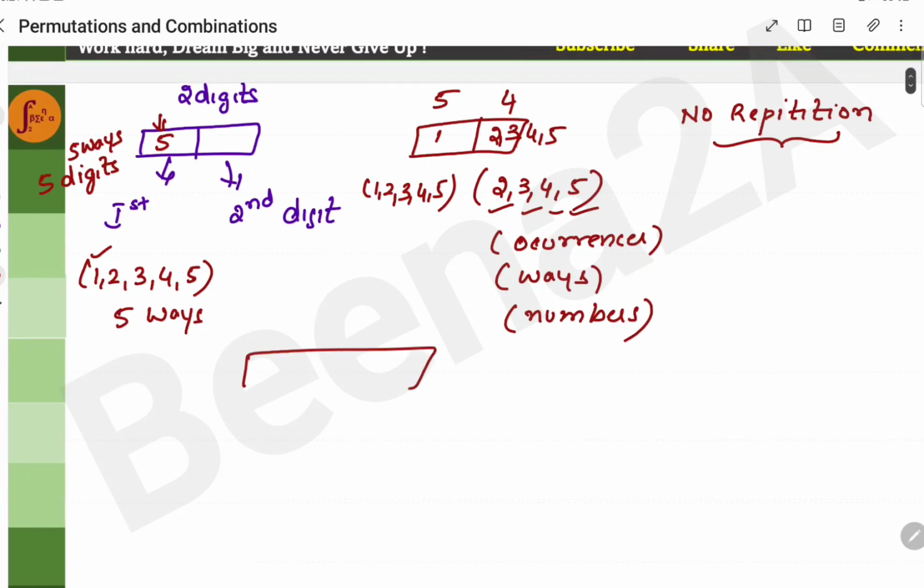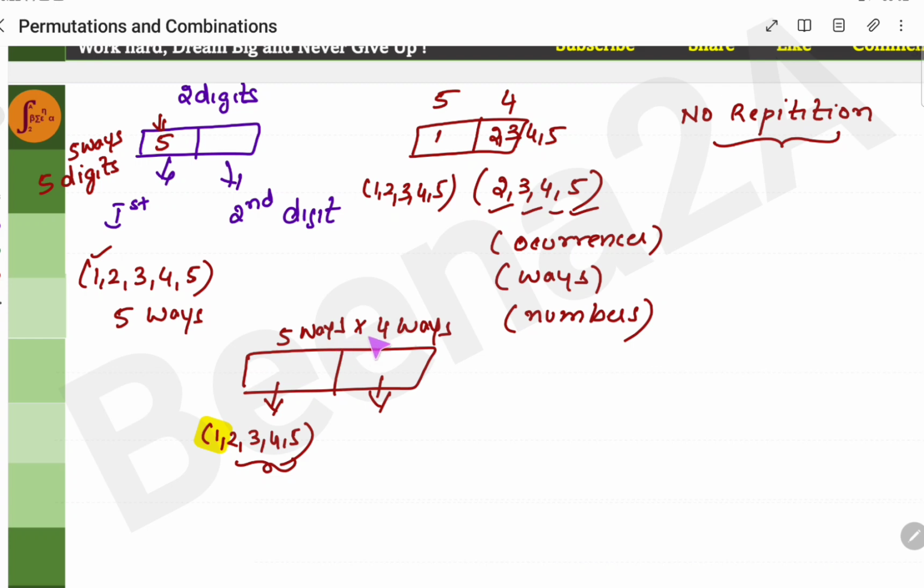Let me repeat it. How many ways to choose the first digit? You have 5 ways. And to choose the second digit, how many ways? One digit I have chosen, just for example, 1. What are the remaining digits? 4 ways, right? Now I'll put the multiplication principle of counting.